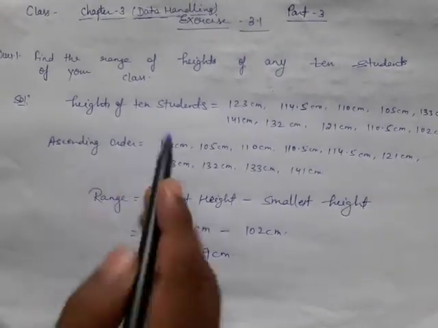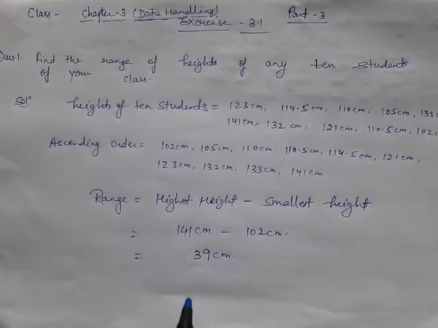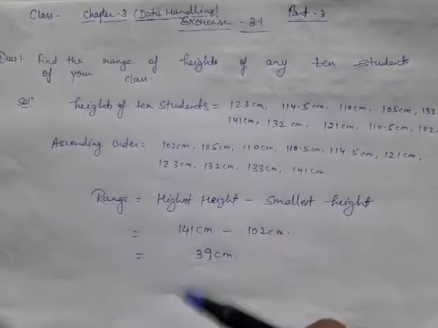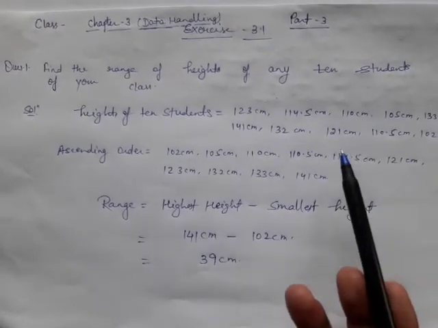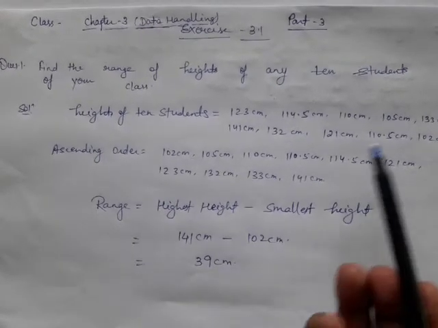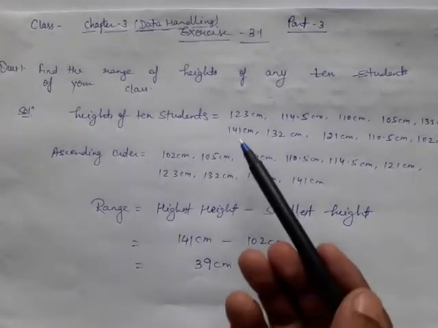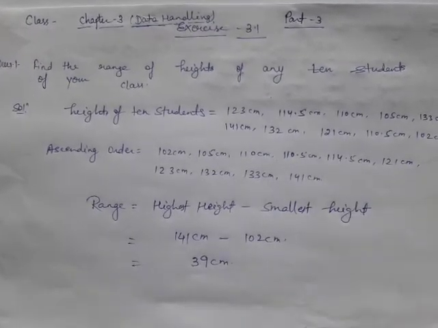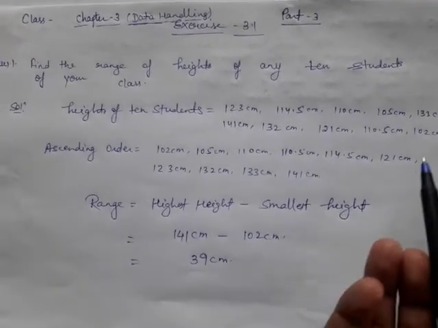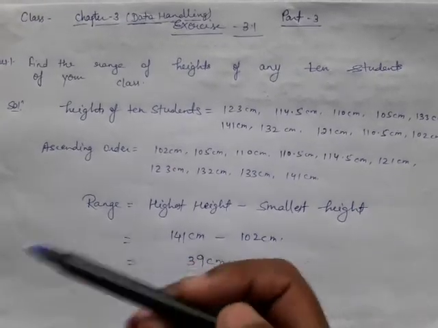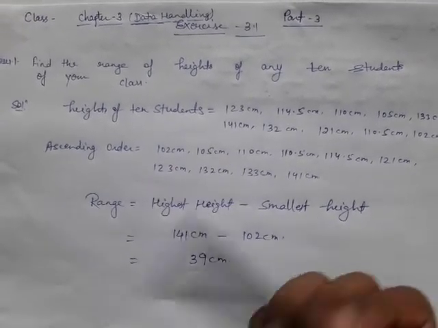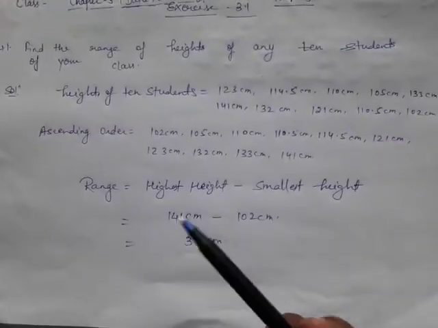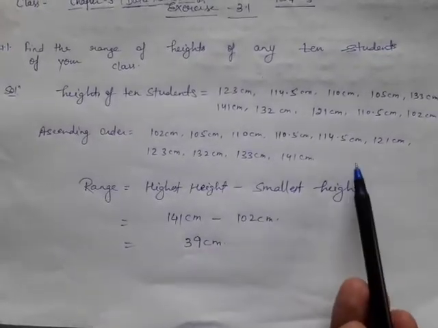The question was to find the range of height of any 10 students of your class. So we have taken 10 students' heights in my class: 123, 114.5, 110, 105, 133, 141, 132, 121, 110.5 and 102 centimeter. After that we arranged the heights in ascending order, smallest to greatest.